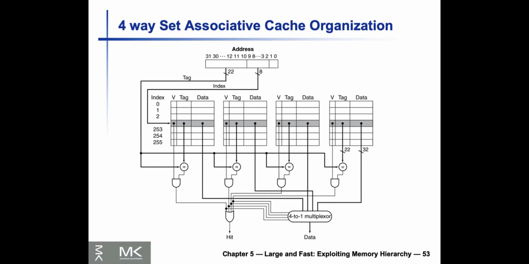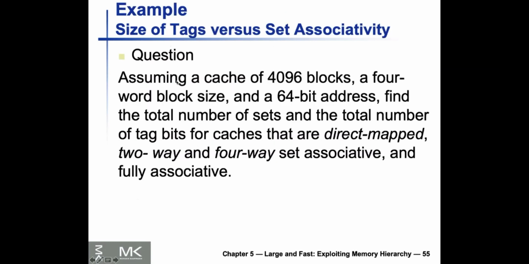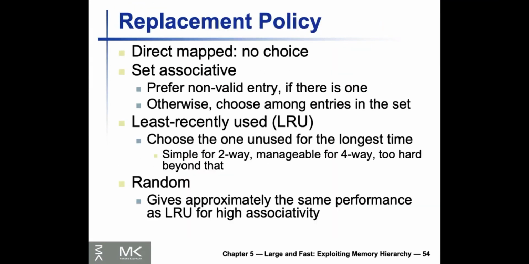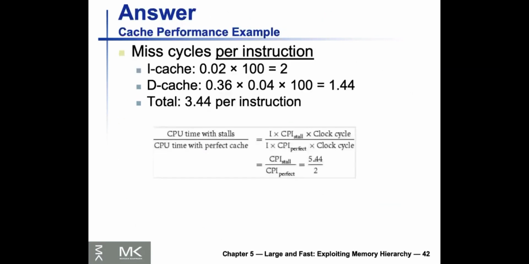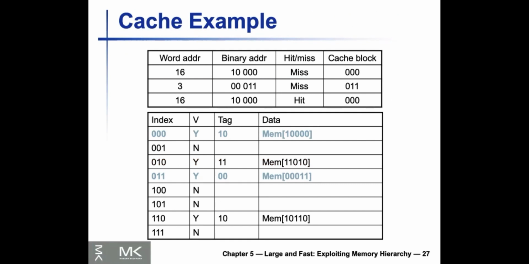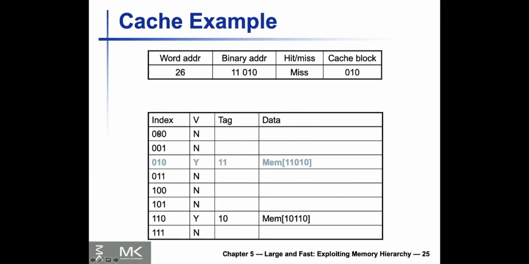So index actually helps you. Let me bring back the first example. Remember this tag and data, right? You had index here. Index is actually indexing the block for you.